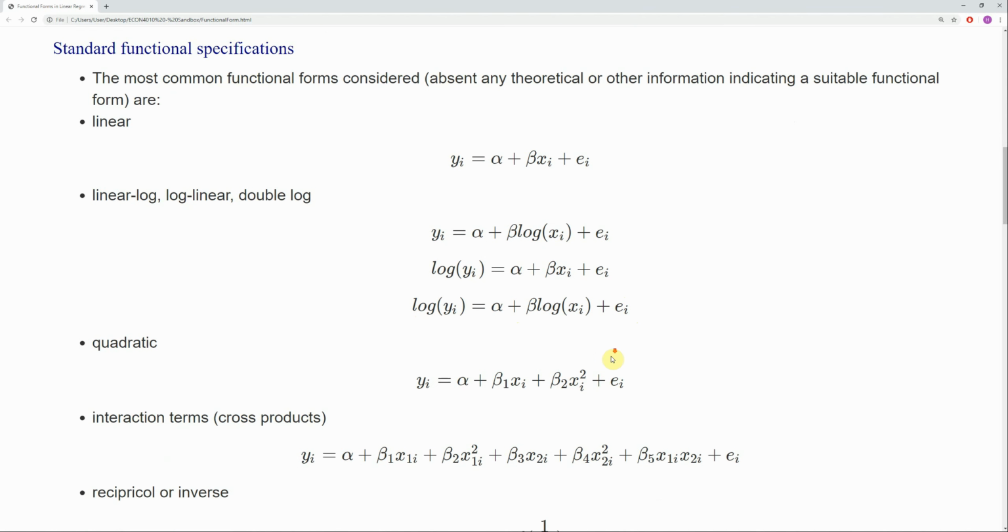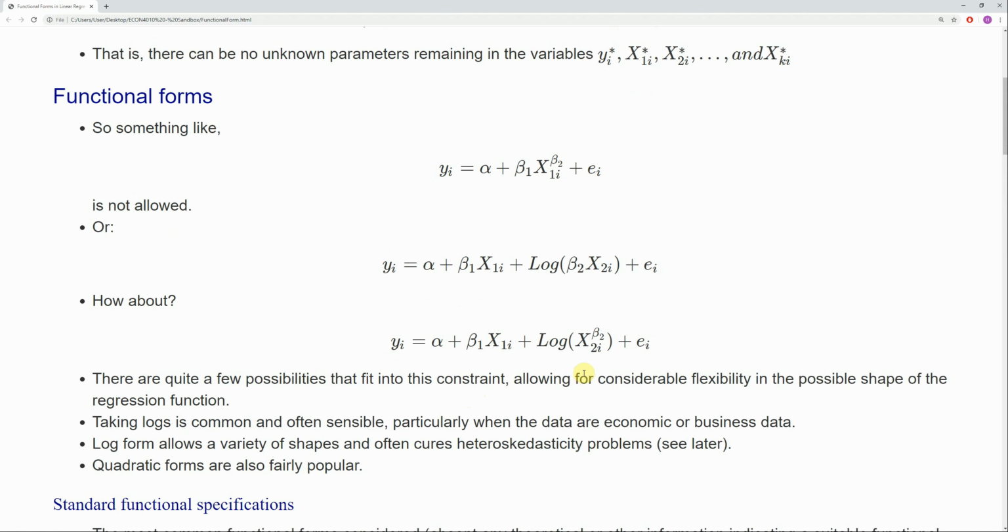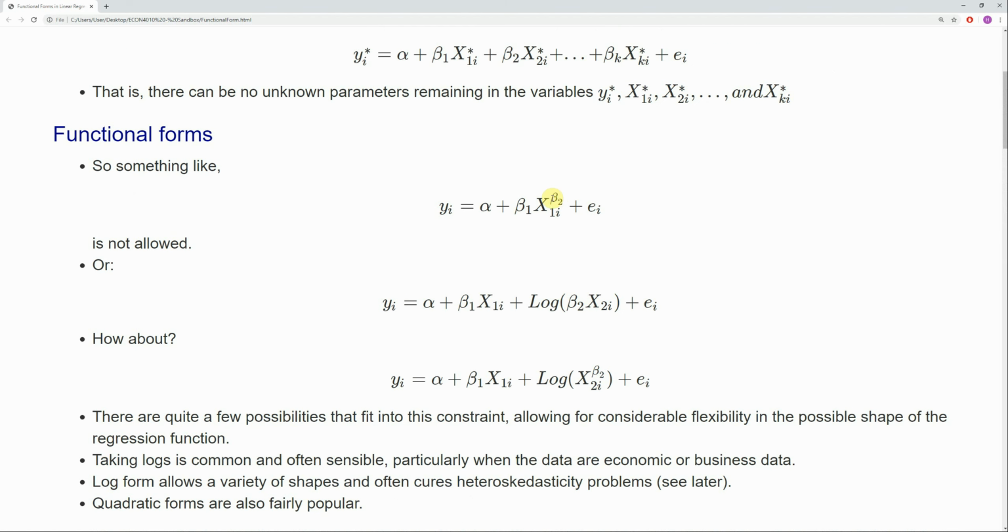As we just pointed out, a quadratic form could be having yi equal alpha plus beta 1 xi. That was the linear part that we originally have, and then we add the quadratic part. Here you see that the 2 in the exponent is known, as opposed to this example here where beta 2 is not known.